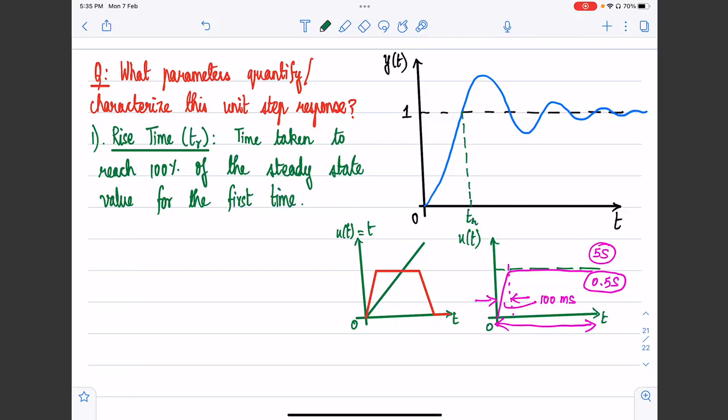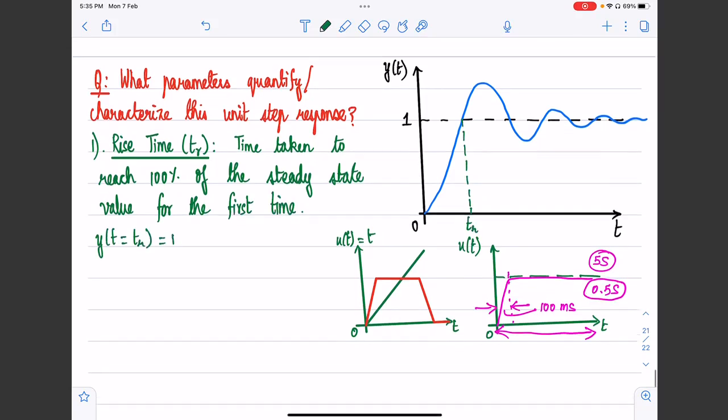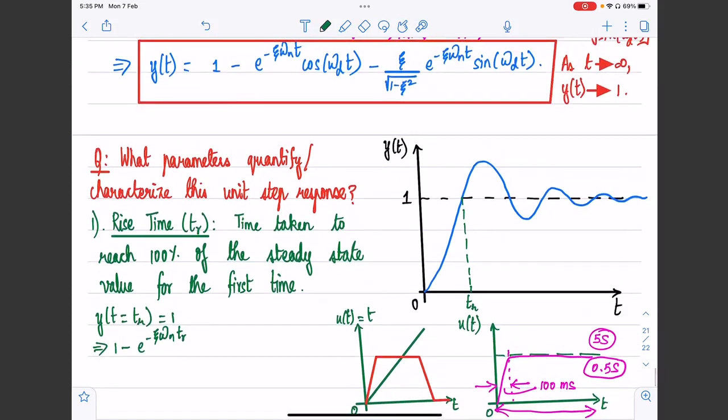So now, if I want to calculate the expression for rise time, what do I do? I essentially figure out at what time the output becomes 1. So the expression for the output is e power minus zeta omega n, and instead of t, I substitute tr. I take e power minus zeta omega n t common from the last two terms.